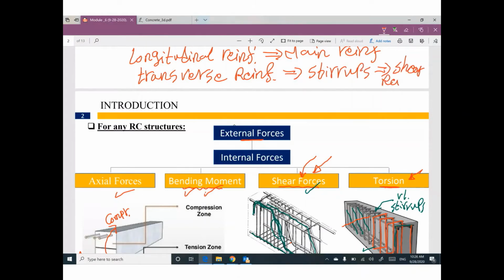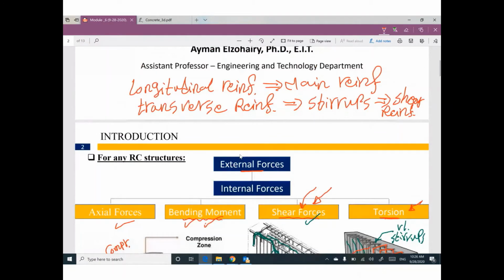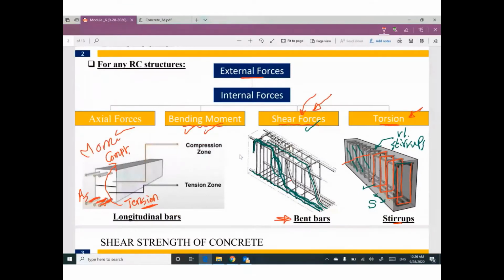You have to be familiar with all of these expressions. Longitudinal reinforcement, main reinforcement, supports your moment. Transverse reinforcement, shear reinforcement, stirrups, bent bars support your shear force.